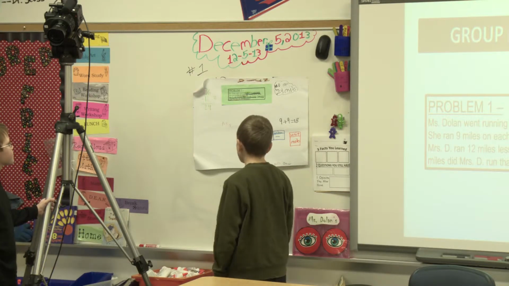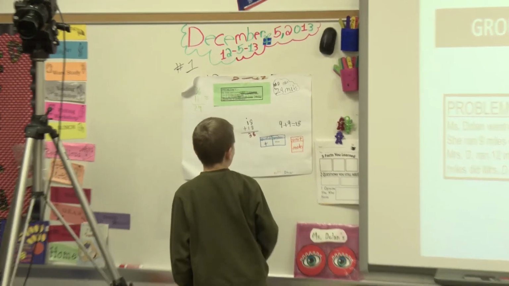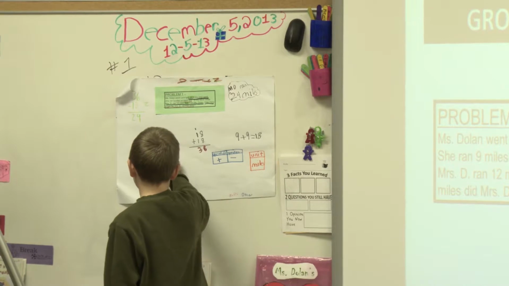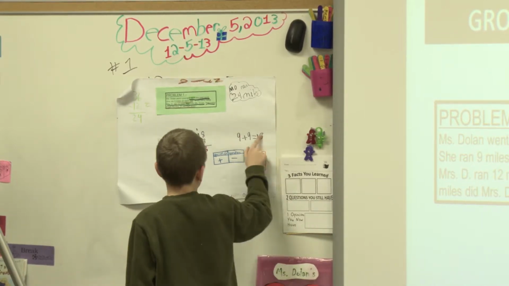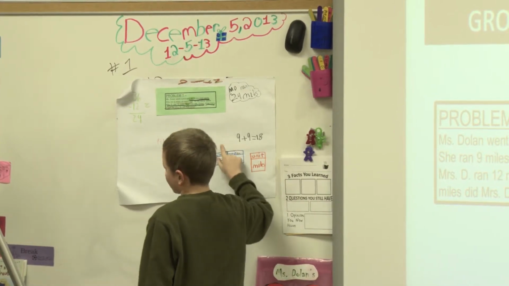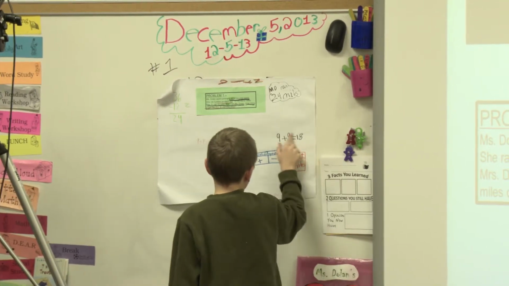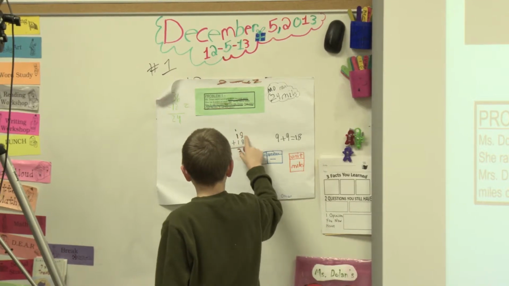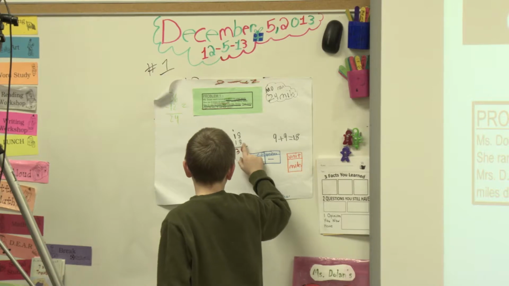Okay, so we did 9 plus 9 and another 9 plus 9, because these 2 9s is 2 9s, and we made it easier by splitting it and not putting 9 plus 9 plus 9 plus 9. So 9 plus 9 equals 18. So that's this one, and then we did 18 plus 18, because each 18 is worth 2 9s, which equals 36.